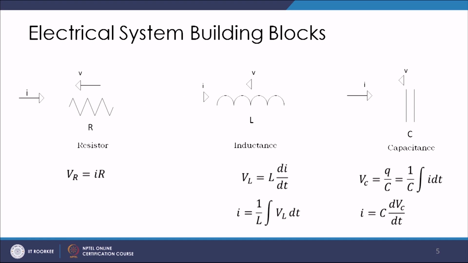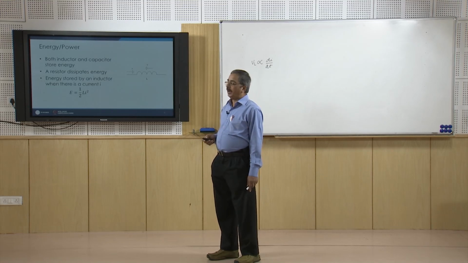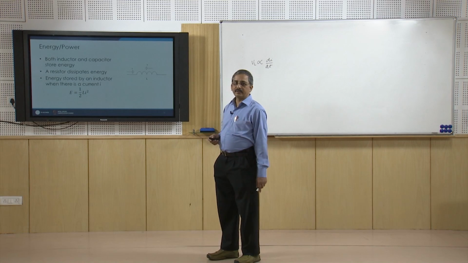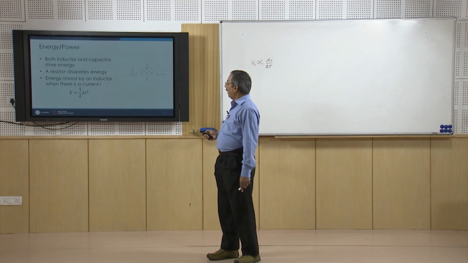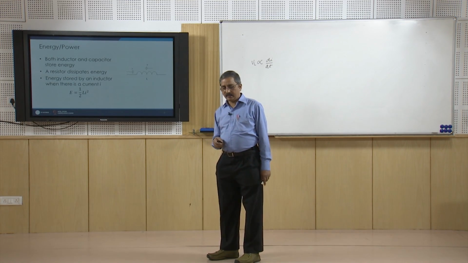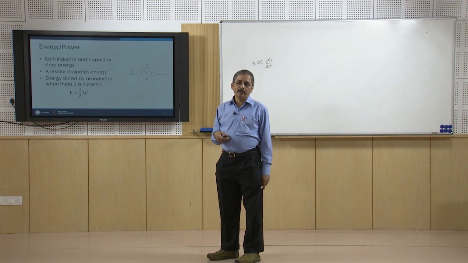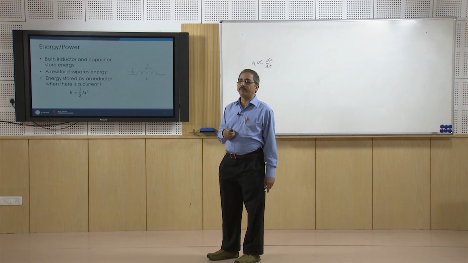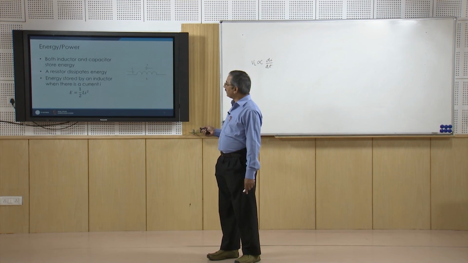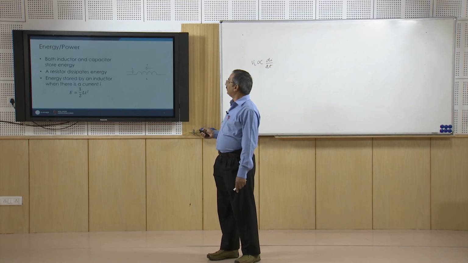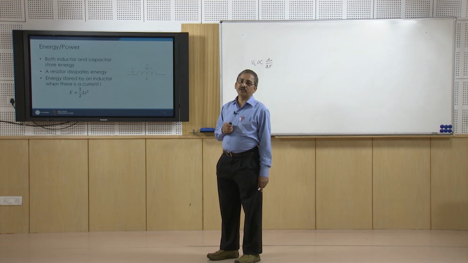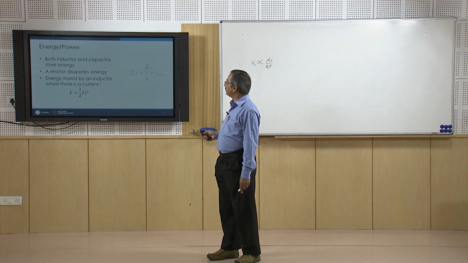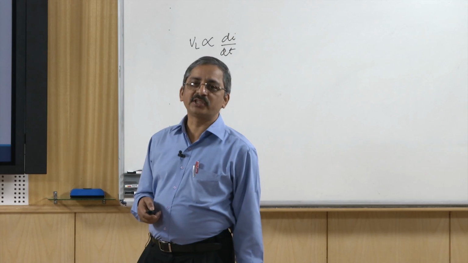Now, let us see the energy and power associated with these elements. I have talked about these elements in our lecture on bond graph modeling also. The inductor and capacitor are energy storage elements, both store energy, whereas the resistor dissipates energy.